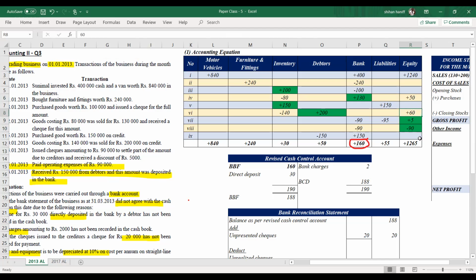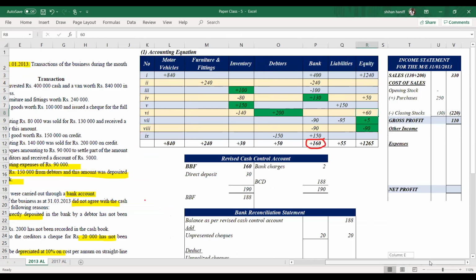This 50 and 60 only we calculated gross profit. 50,000 and 60,000 is the gross profit. So here the gross profit comes as 110 because of these two, 50,000 and 60,000.